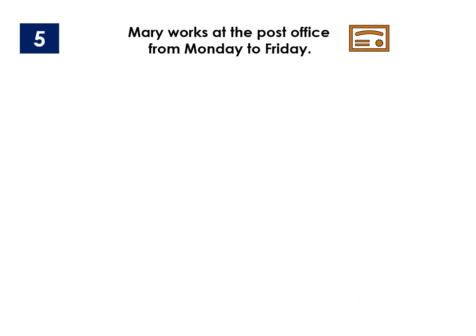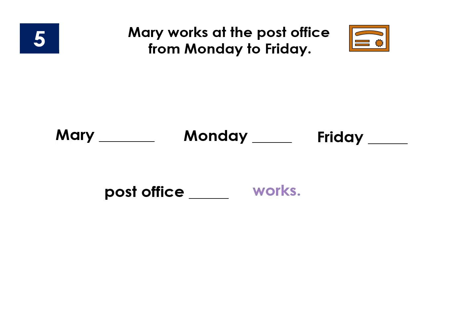Next sentence, Mary works at the post office from Monday to Friday. The elements are Mary, Monday, Friday, post office, and the verb works. Mary can take the topic particle wa, as well as the subject particle ga. Monday takes the particle kara for from, and Friday takes the particle made to mean up to.